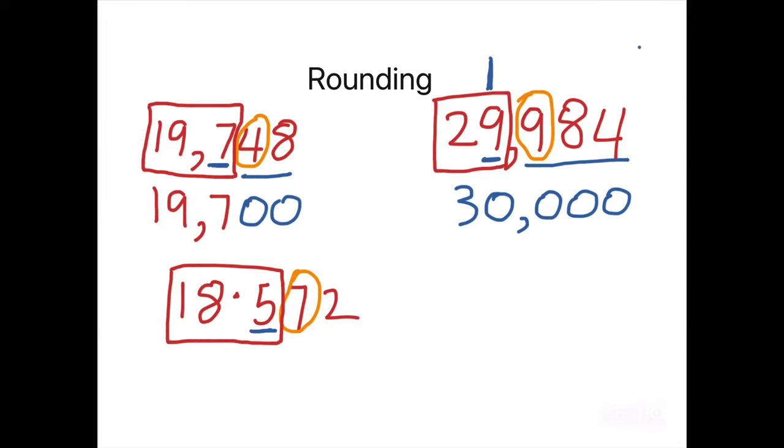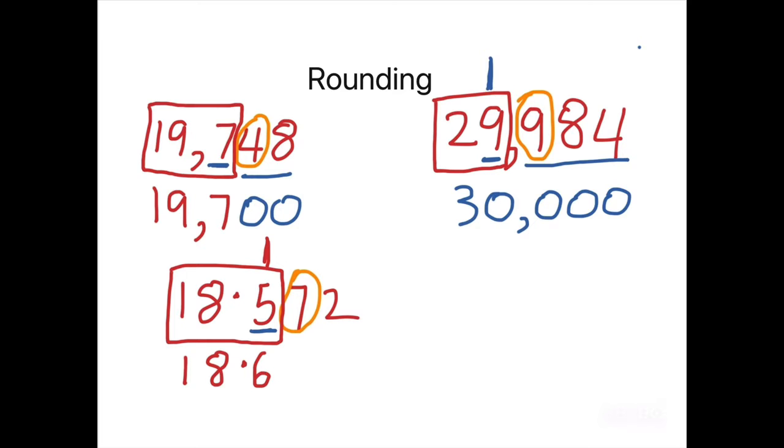So the 7 is telling the underlined place to increase, right? Because it's 5 or more. So we're going to add 1 to the numbers in the box. So 185 becomes 186.